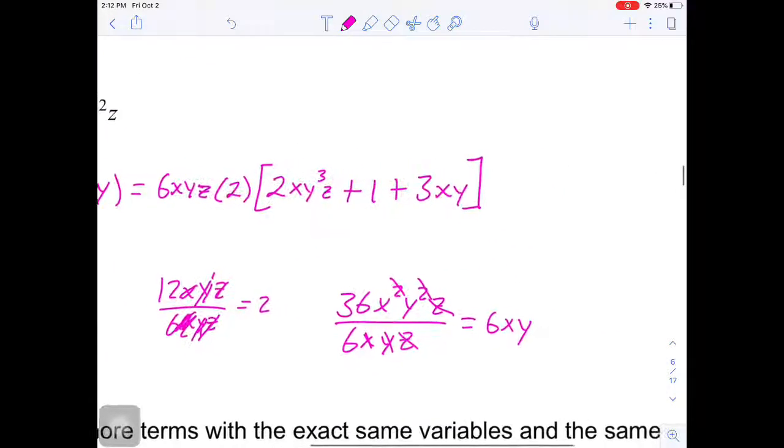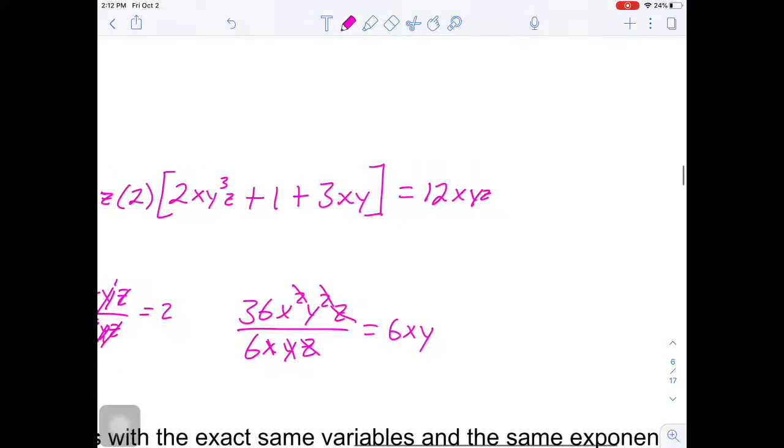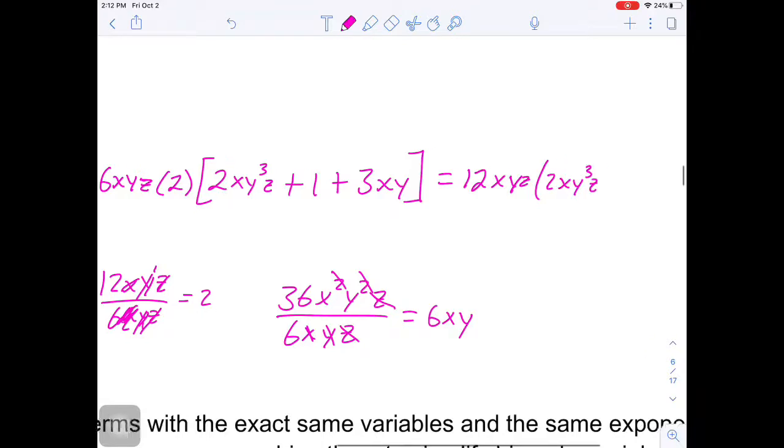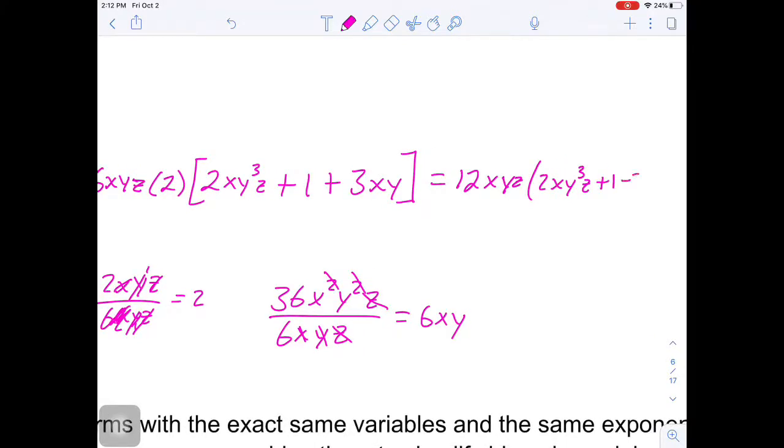And now I can simplify one more time here and recognize, remember, multiplication is commutative, so we can represent this in any order multiplying each other. So I'm going to do 2 times 6, which gives me 12xyz. And then that's going to multiply to xy cubed z plus 1 plus 3xy.